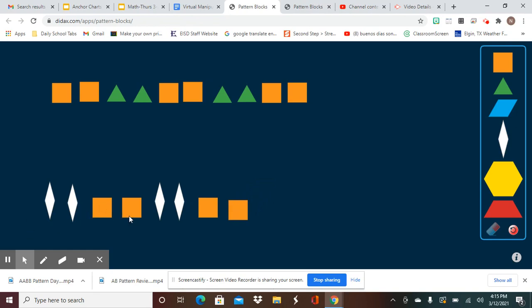Rhombus, rhombus, square, square, rhombus, rhombus, square, square. What comes next? Rhombus, rhombus. Good job. That's our AABB pattern. It's called like that because we have 2 A's and 2 B's. All right? Okay, now let's go over your homework.